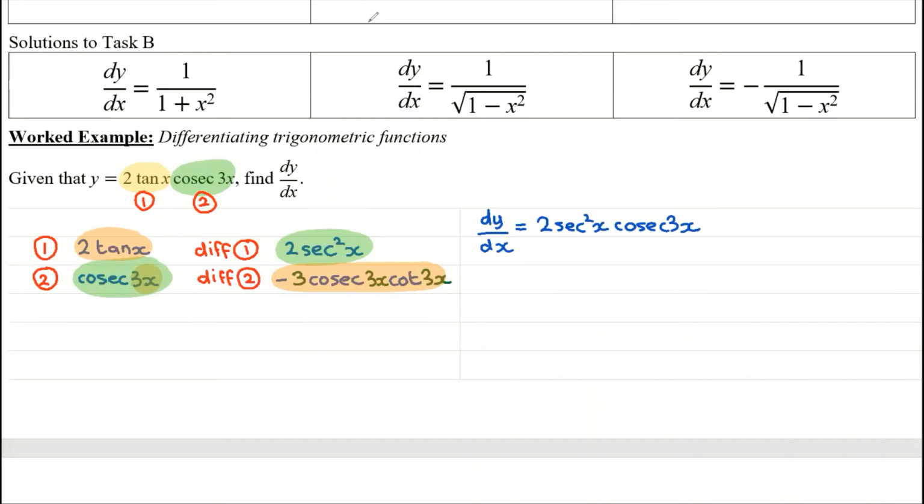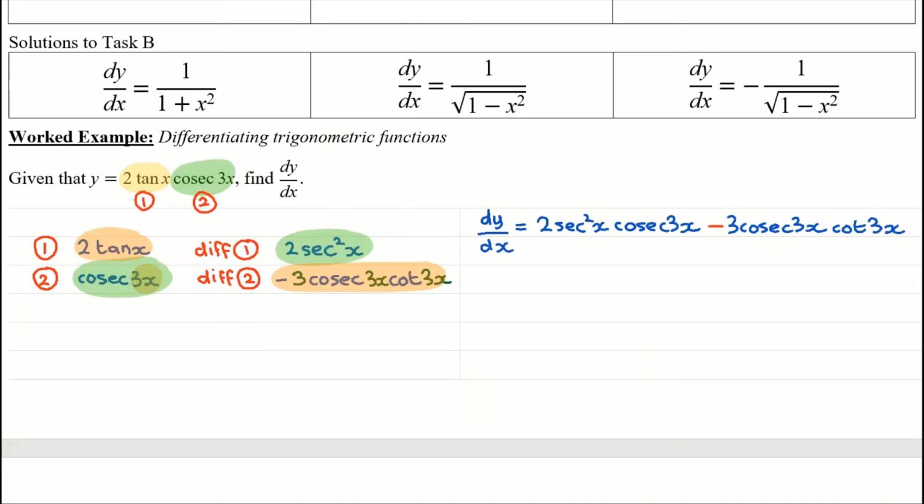And if I'm adding this, then this is obviously going to be a subtraction. So it's going to be subtract, let's write it all out, 3 cosec 3x multiplied by cot 3x. Okay, just fits on nicely.